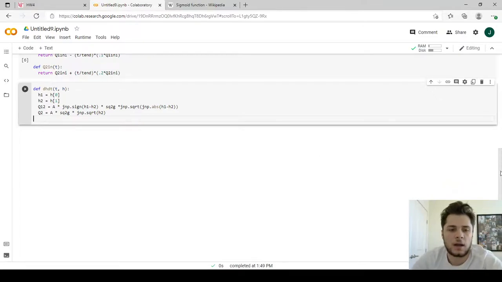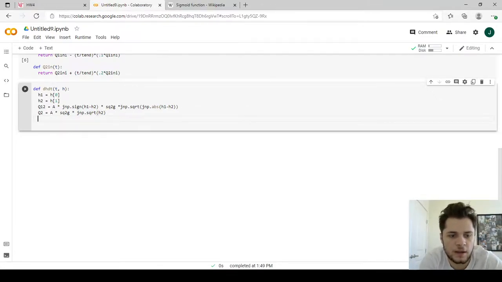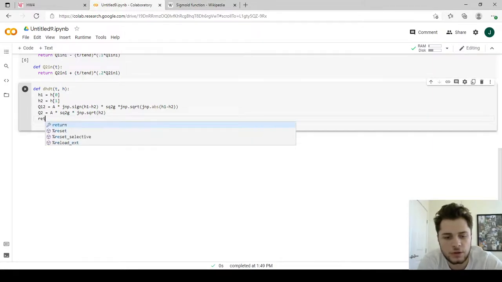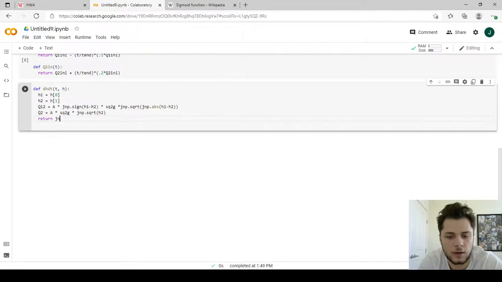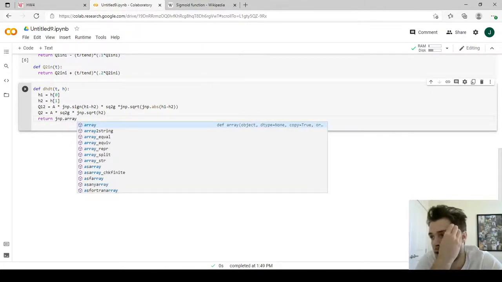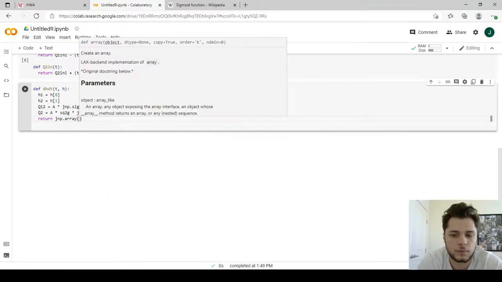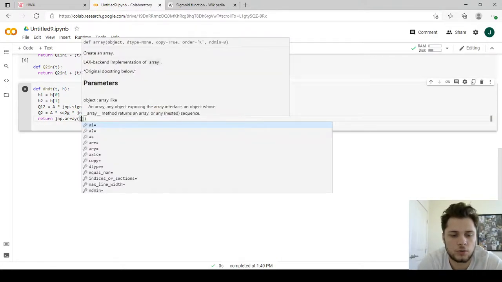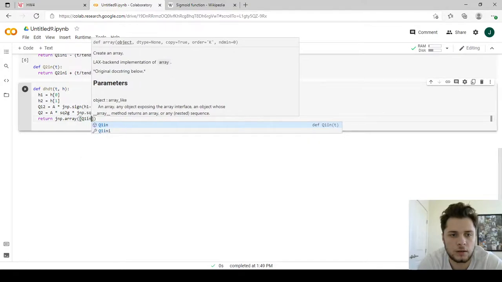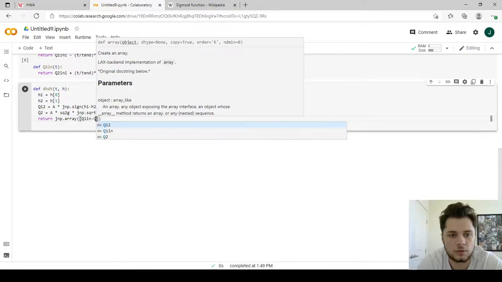Okay. And then I'm going to want to return an array that will hold the values of the changes in height in tank 1 and tank 2. So I just need to do Q1n minus Q12.